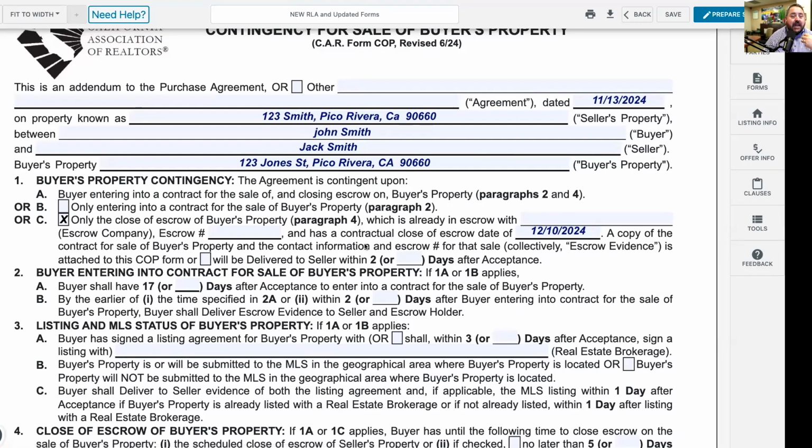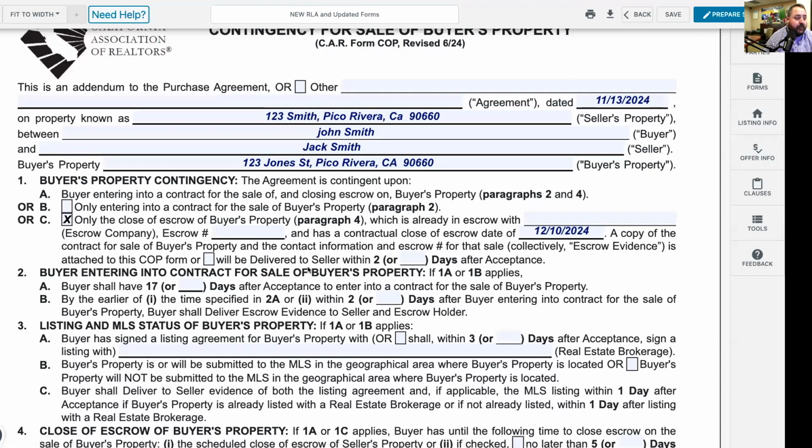I can then, again, if I want to create strength of offer, the default is I'm sending you proof, a copy of the contract for sale of buyer's property and the contact information and escrow number for that sale collectively, escrow evidence is attached to the COP form. Or if I don't have it, I'm going to send it to you in 2 days. You can check that box. So basically what it's saying is if I check off this contingency, I'm going to give you the escrow number.